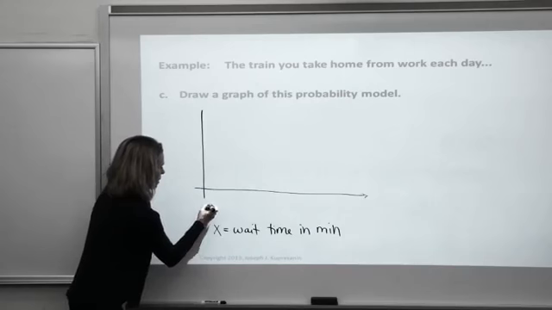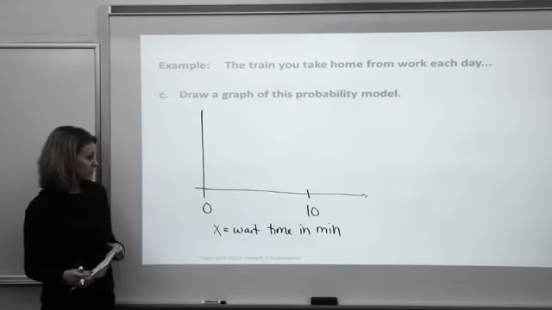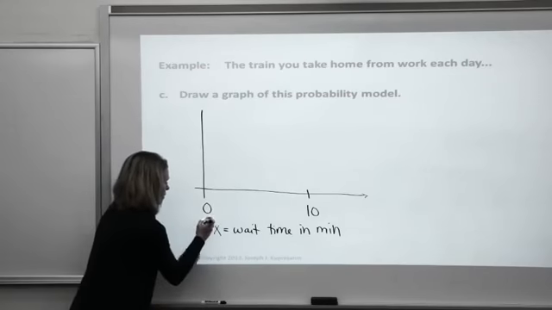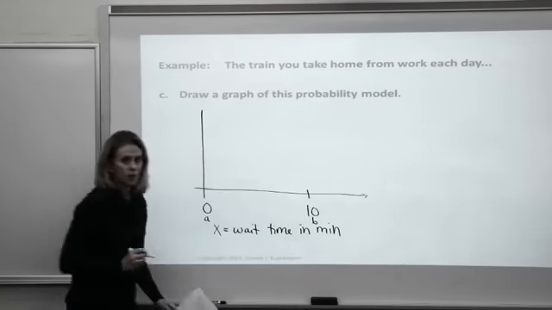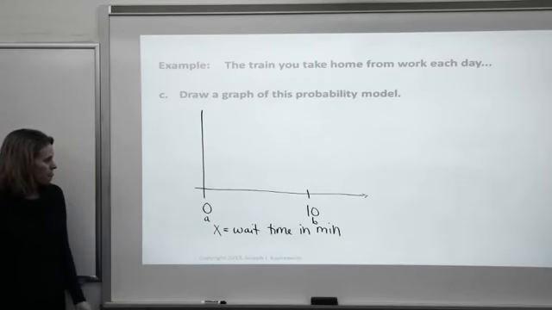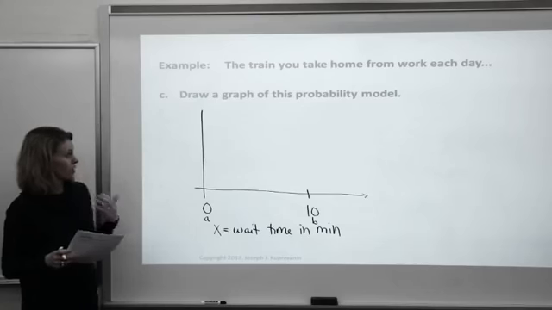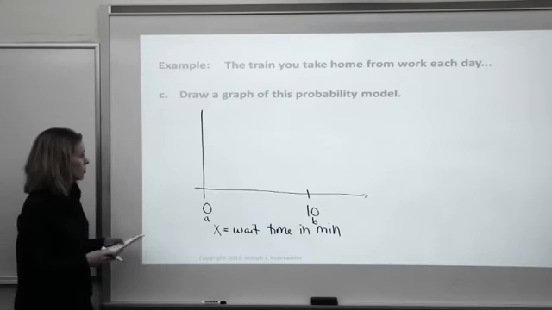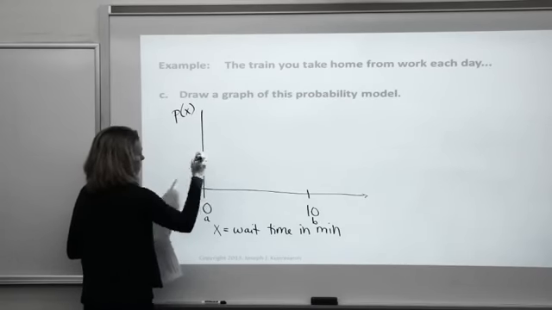I know I'm going to wait anywhere between 0 and a maximum of 10 minutes. These are those endpoints A and B that we talked about a second ago. The height of this graph is going to represent the probability, the likelihood of certain times.